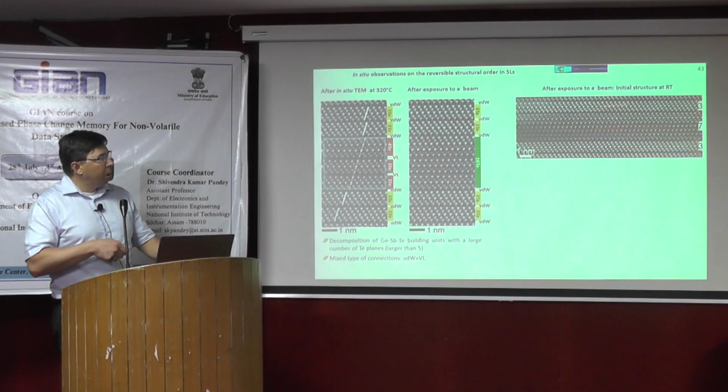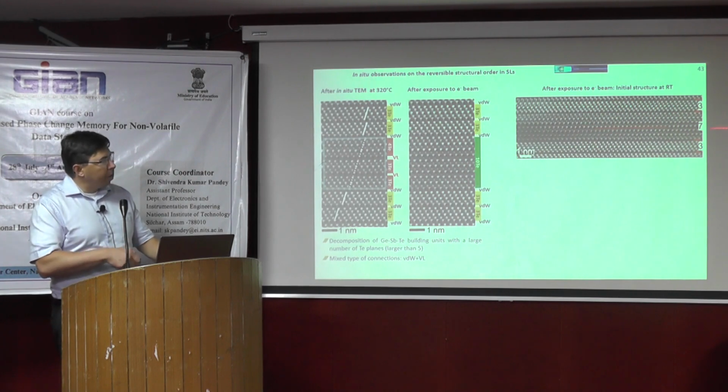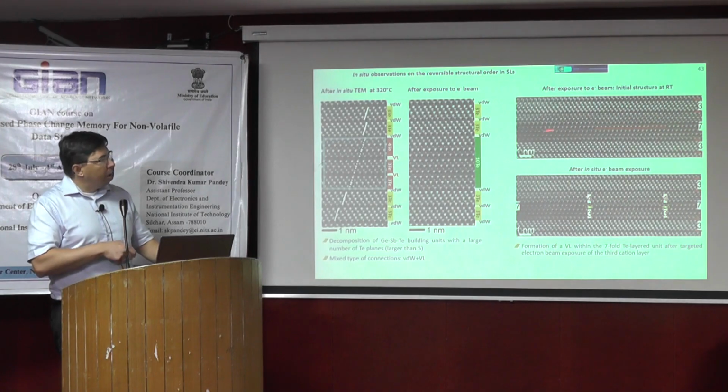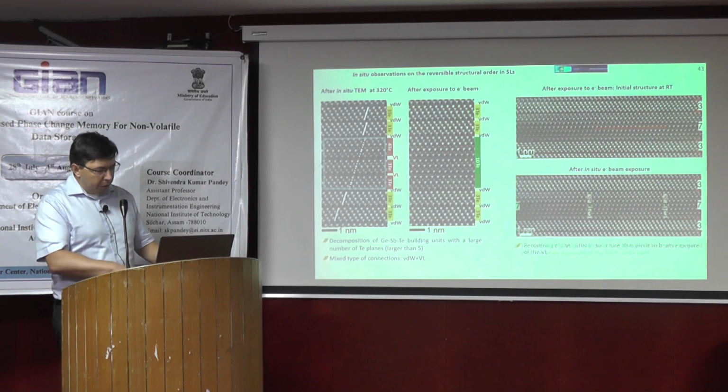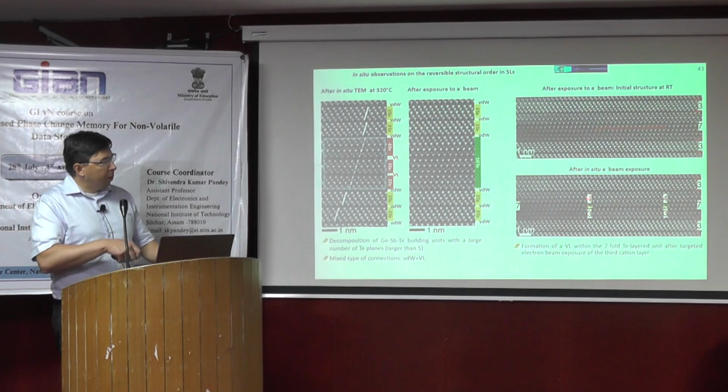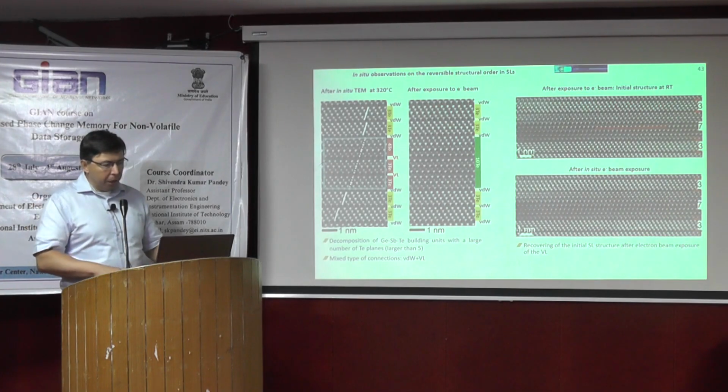This is antimony SBT units, and this is GST. If we expose some layers in this GST block, we can write the vacancy layers here and decompose the block, and then if we expose again here by electron beam, we can bring the system back.